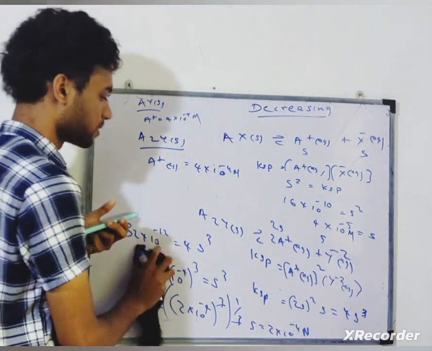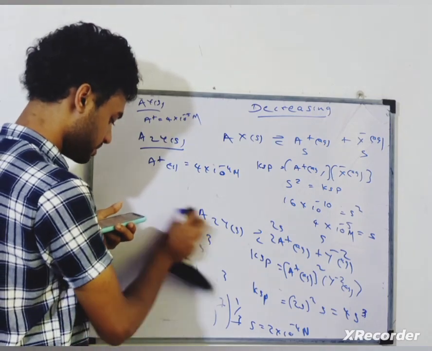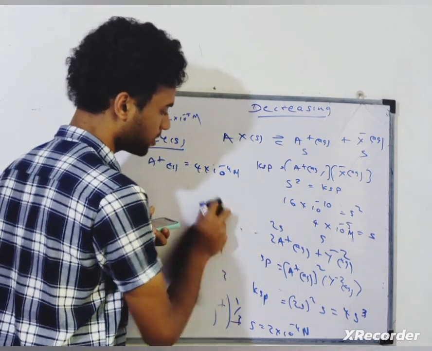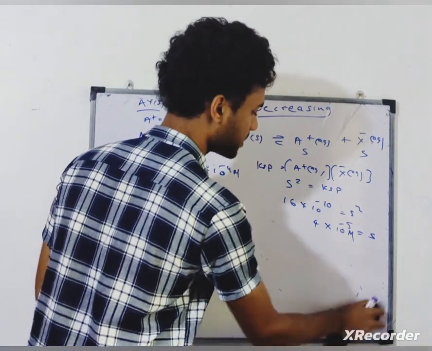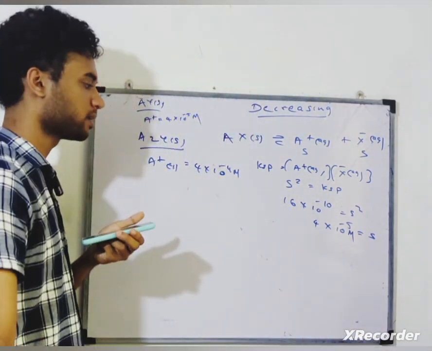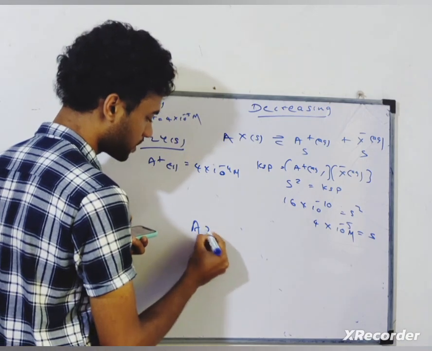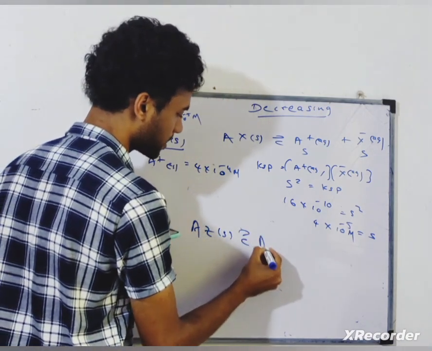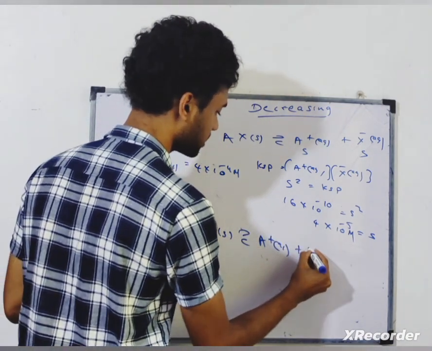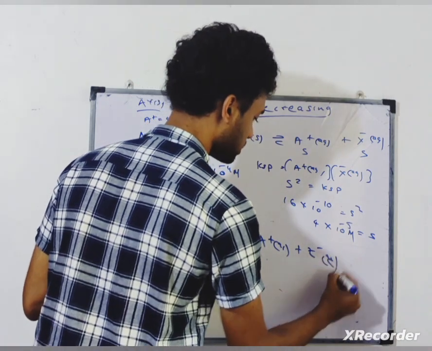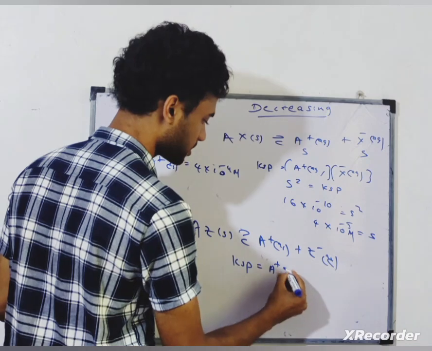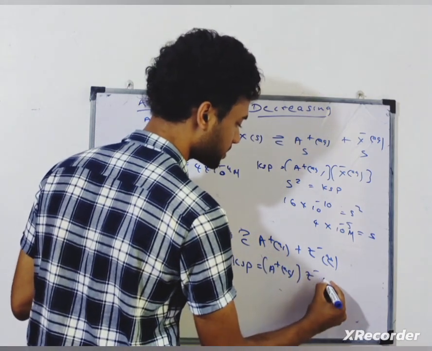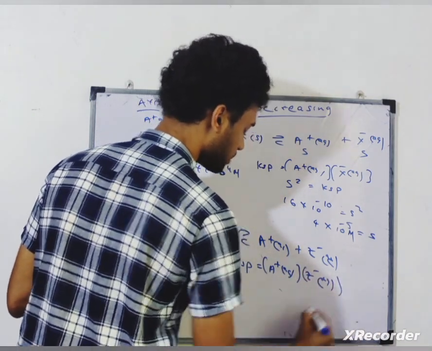Right. So next one, we have to consider AZ, right? What happens to AZ? AZ becomes A+ plus Z-. Very easy. So Ksp is equal to [A+] times [Z-].